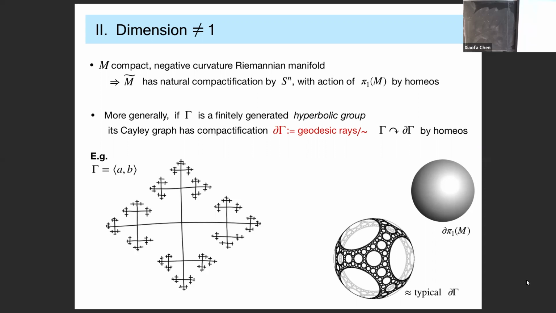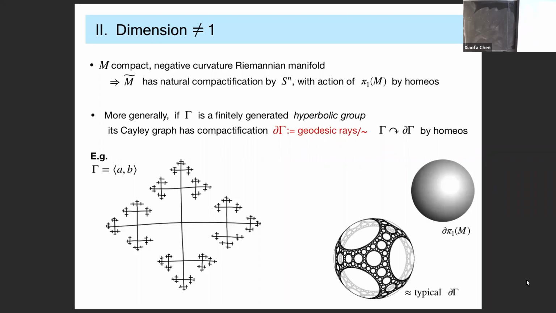And it applies actually in a much more general setting. You don't need to take manifolds of negative curvature. You can use any space that's of coarse negative curvature. The notion of a hyperbolic group is just a group whose Cayley graph has some resemblance to a hyperbolic space. And in this setting, the same kind of logic goes through. The Cayley graph of such a group can be compactified by some boundary at infinity, exactly equivalence classes of geodesic rays.